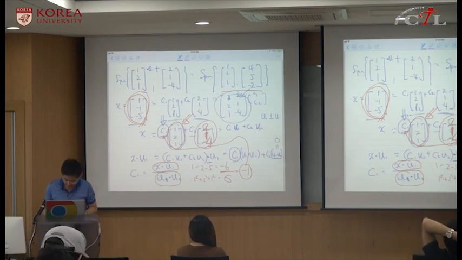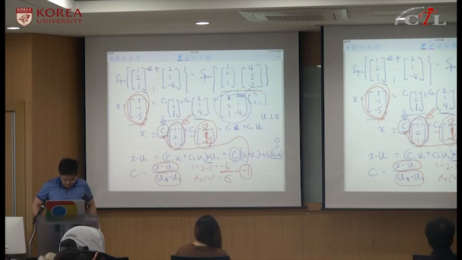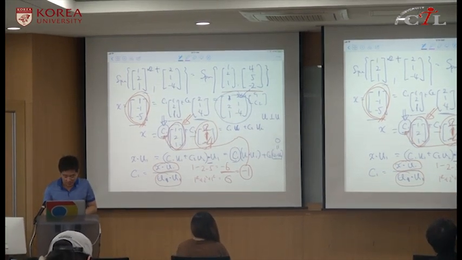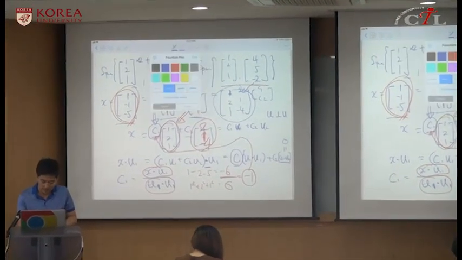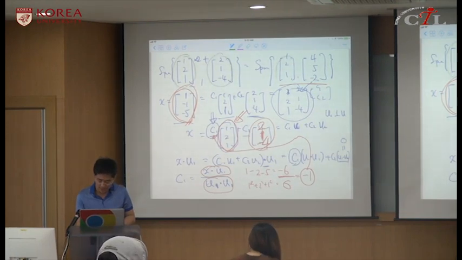Let me make some corrections from the previous lecture. We considered the same space having two different versions of the basis vectors, the left ones and the right ones.